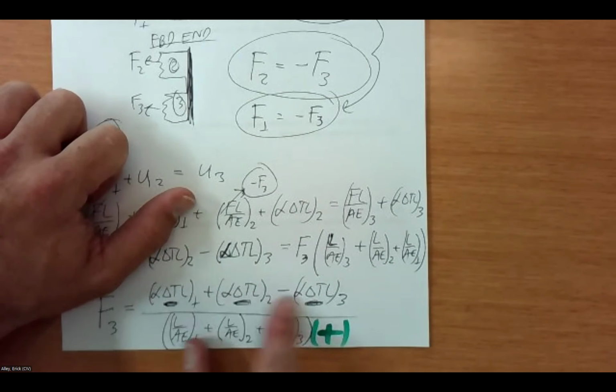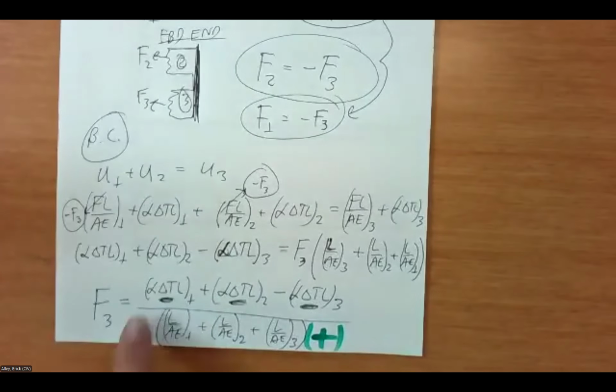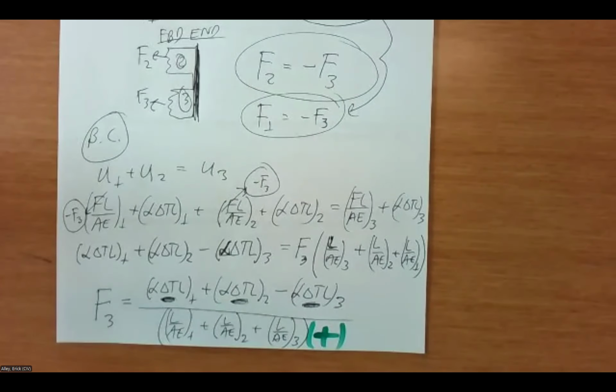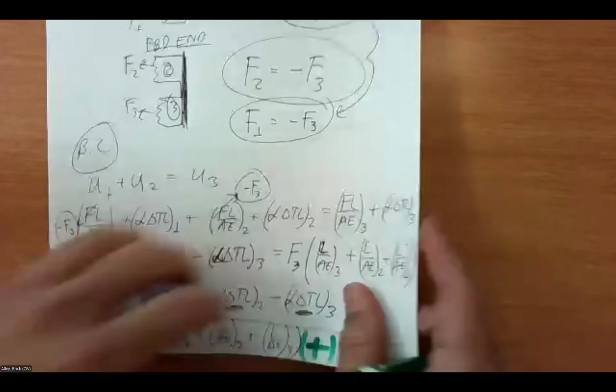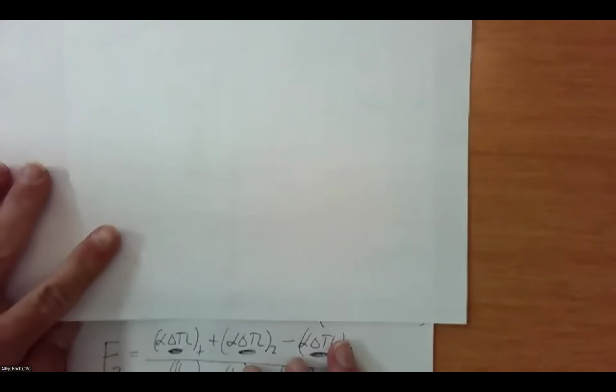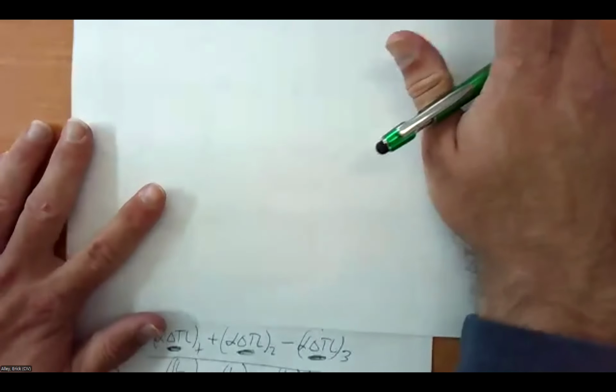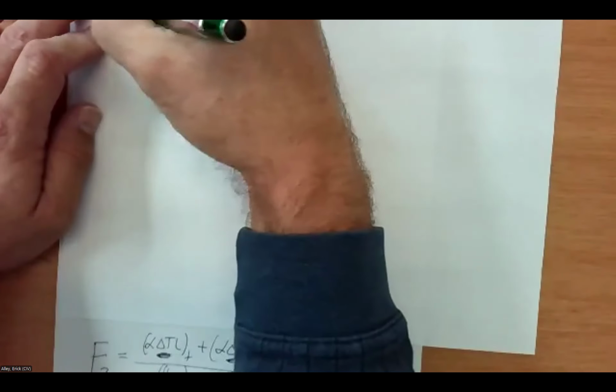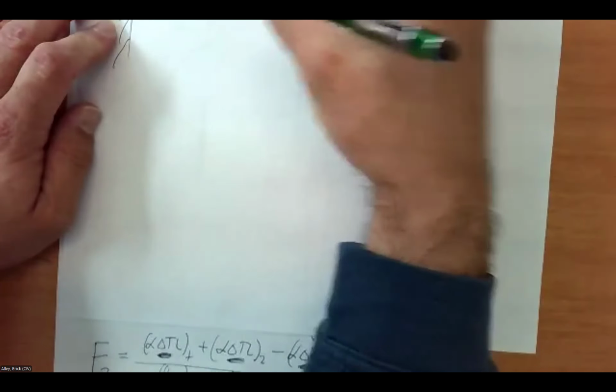L as a number is always going to be positive. So these products are going to be plus or minus based on the delta T's individually. So let's think about just a couple of bookend cases and see how it works out if we think it should be this way or not.